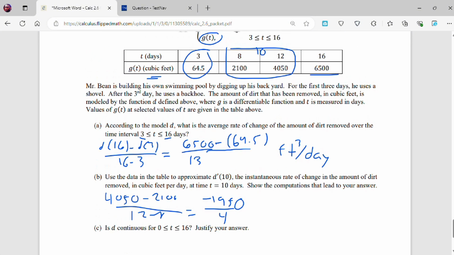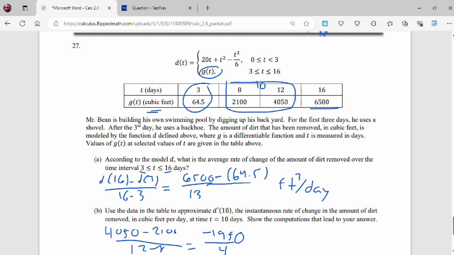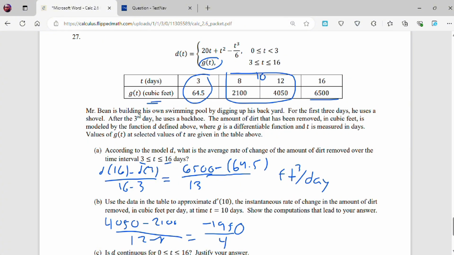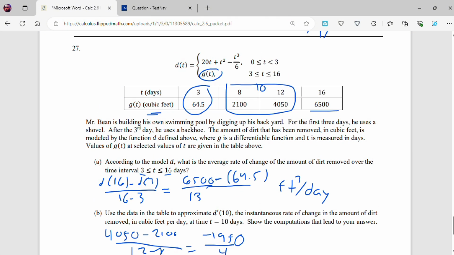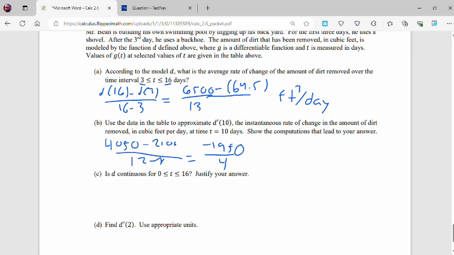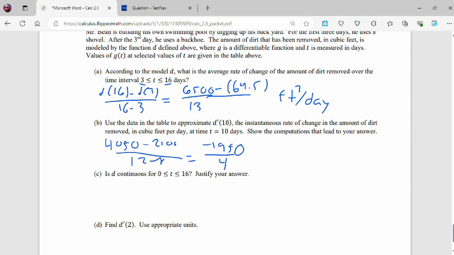Okay, is D continuous for 0 ≤ t ≤ 16? Alright, so we're going to look at our left hand limit, our right hand limit, right? Same principle for all continuity questions.